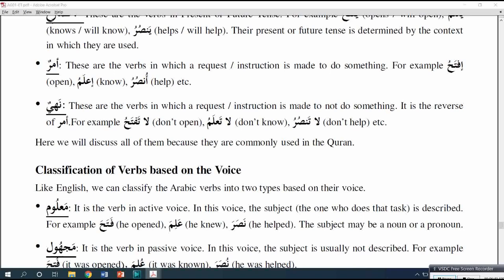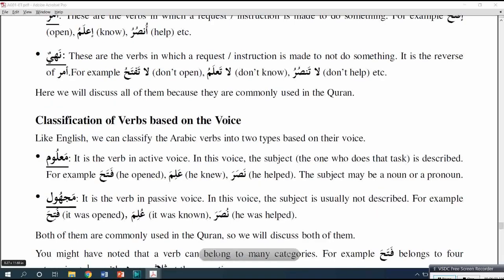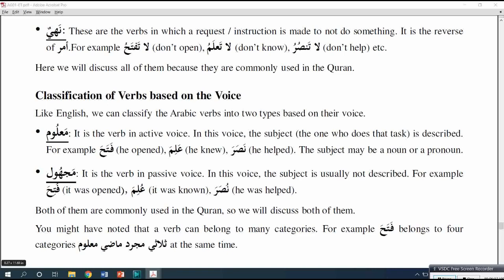Okay, we come to the classification of verbs in voice as well. Like English, we can classify Arabic verbs into two types based on their voice: ma'loom or majhul. Ma'loom means the verb is in active voice. What is active voice?